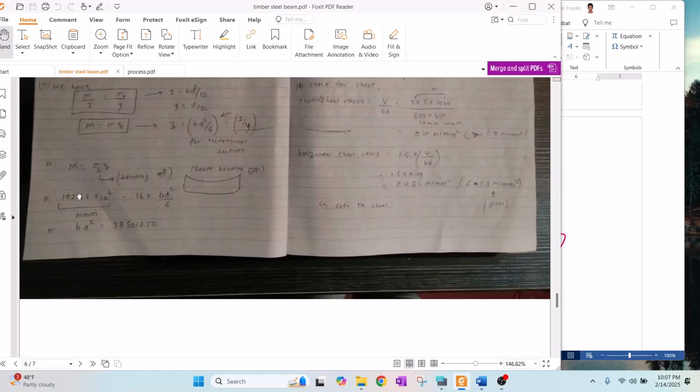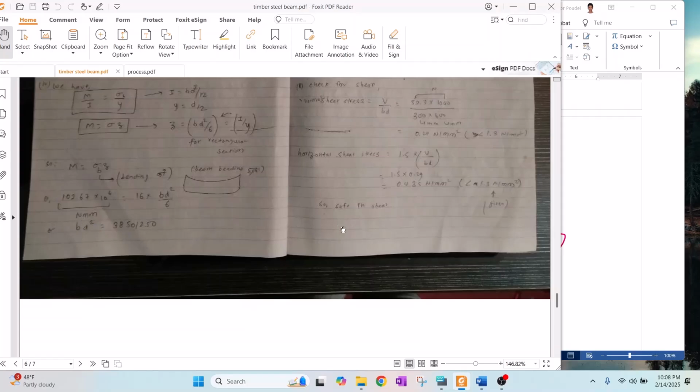We can apply the value of M, that is 102.67 multiplied by 10 power 6 to convert Newton meter to Newton mm, and sigma b is 16 Newton per mm square. We don't know b and d, which we are going to find soon. So bd squared is this much.